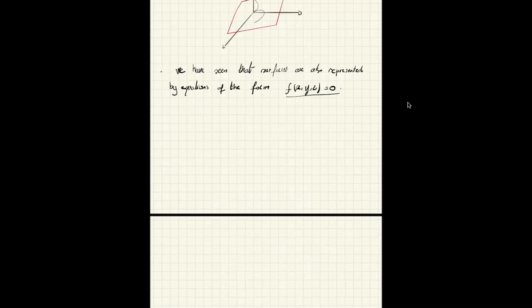Now in the following examples, we're going to go backward, which means that we'll start with a surface that is described with x, y, z, and then you will have to find a parametric representation. This is much harder than the other side.